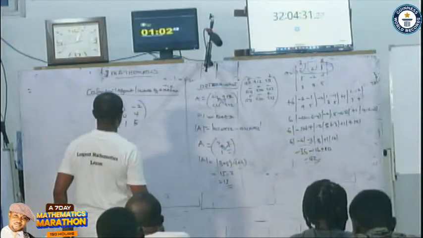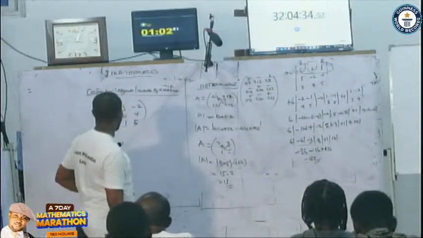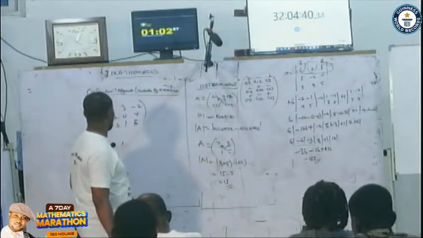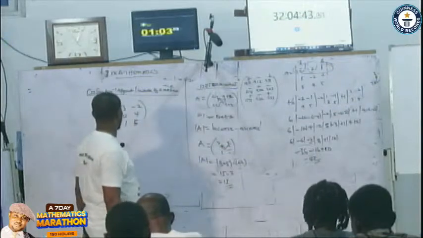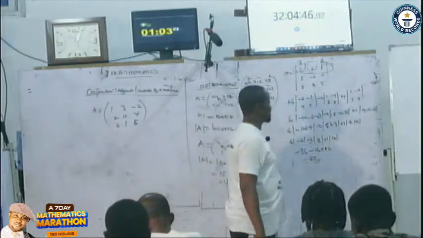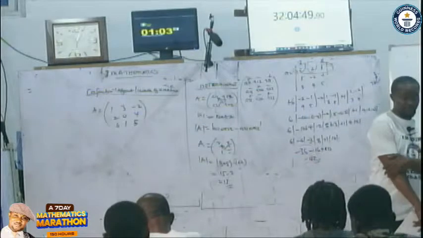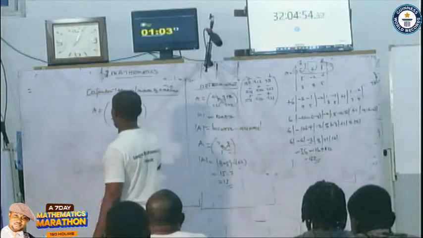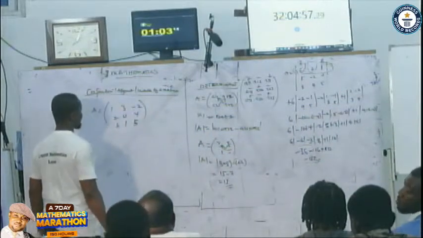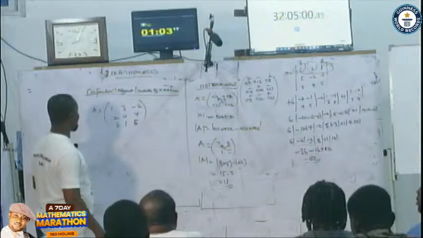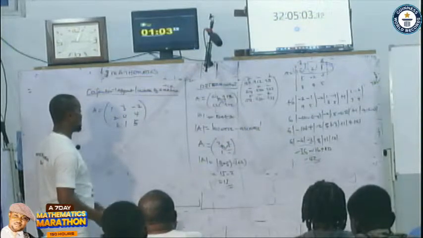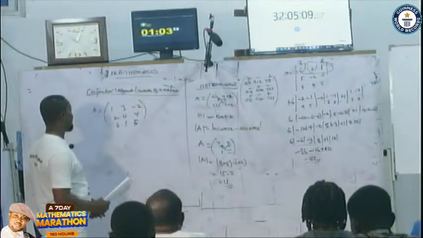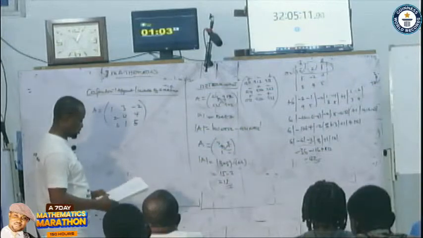Now, if you're asked to find the cofactor, adjoint, and inverse of a matrix, the first step you do is to know what they call the Aij of a matrix. Like in this case now, you're asked to find the cofactor of this matrix. You know vividly that for this matrix you can find the cofactor, the A11, the A12, the A21, and the A22.